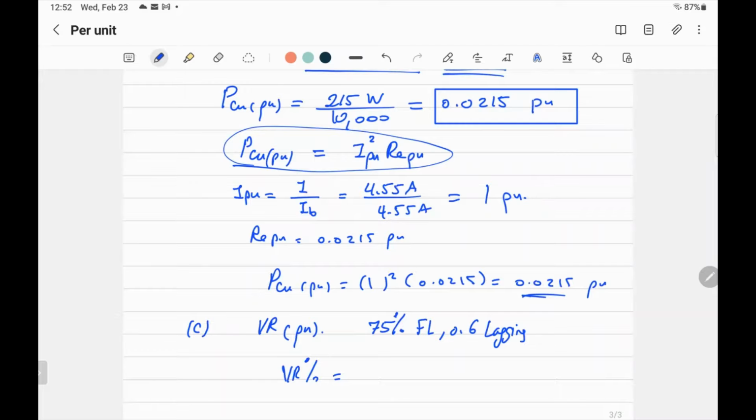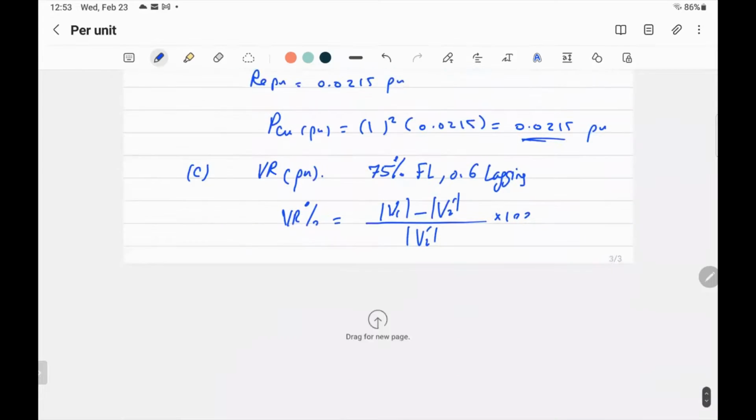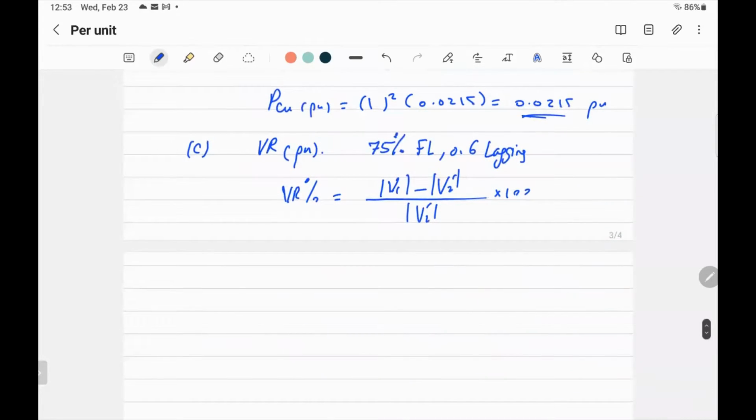One, if you are referring everything to the primary: you have V1 minus V2 dash, divided by V2 dash, times 100. That's the voltage regulation. And if you are working on the other side, you will have V2 minus V1 dash over V1. So it's just simple. What about per unit?